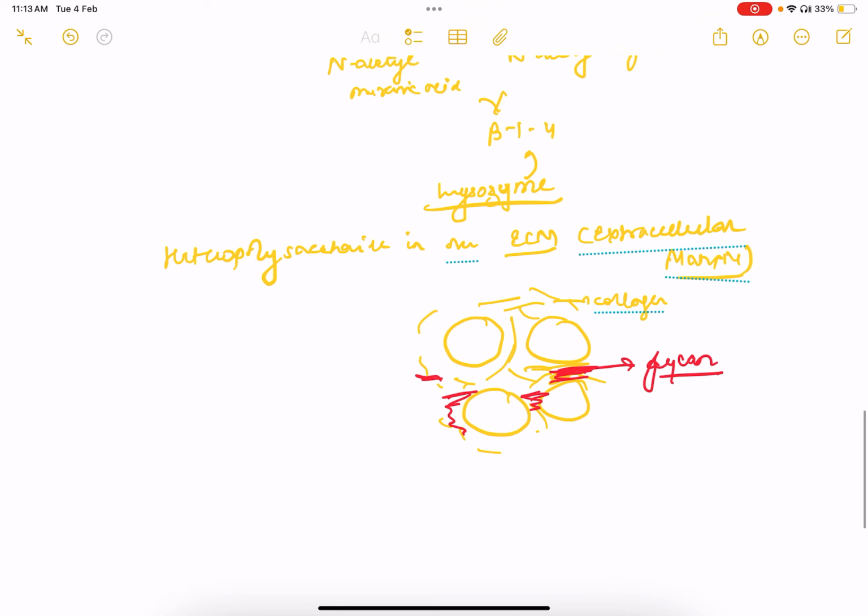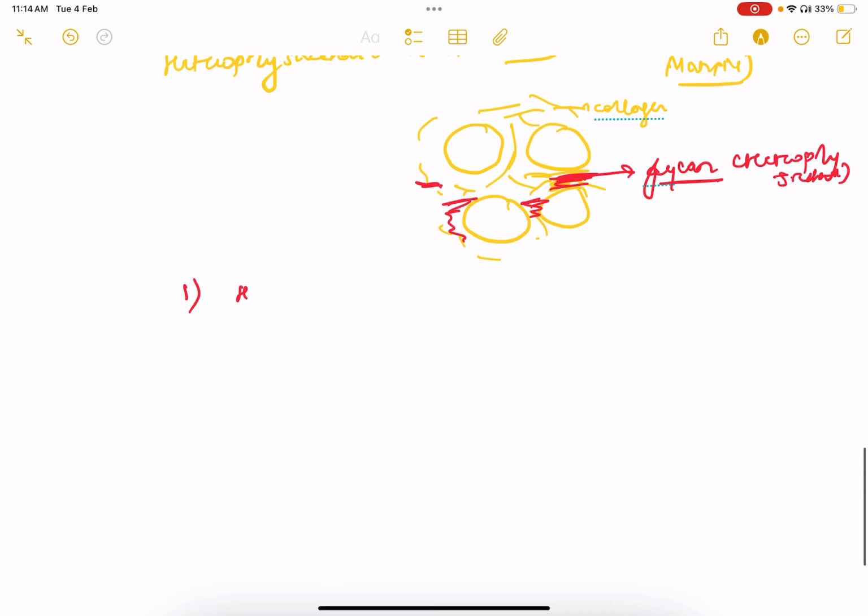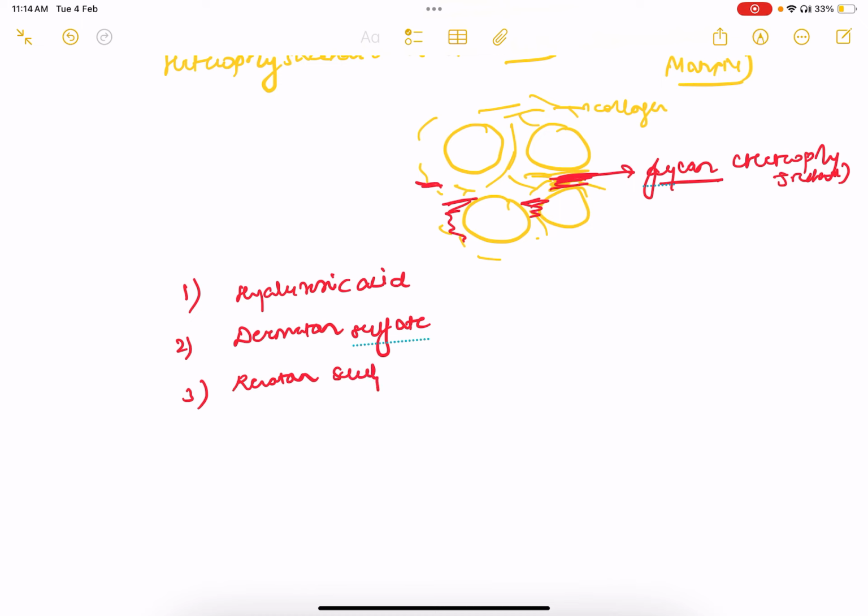Heteropolysaccharides that can be present in the extracellular matrix are hyaluronic acid, dermatan sulfate, keratan sulfate, and chondroitin sulfate.